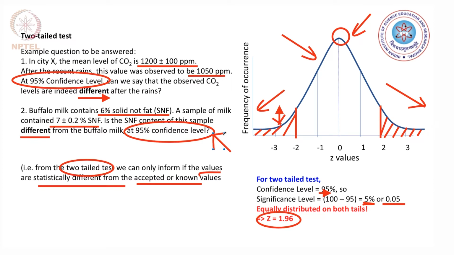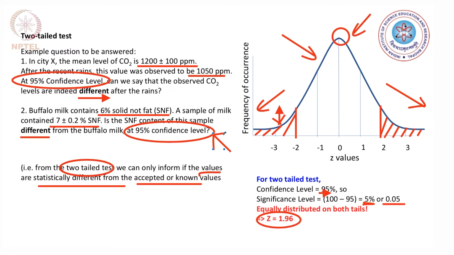So, 2 points to remember from this slide are that we are reporting our hypothesis testing at a certain confidence level, typically 95%, but it can be 99% or 99.9% depending upon how accurately we wish to report our findings. And another important point to be noted is that a two-tailed test can be applied only when the question at hand is whether the readings being compared are different or not.